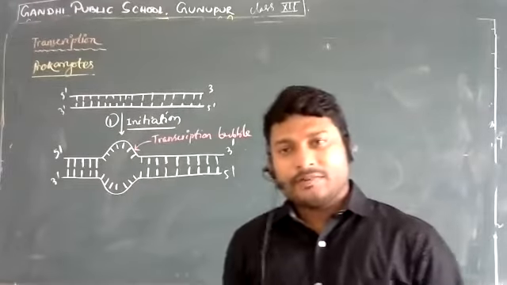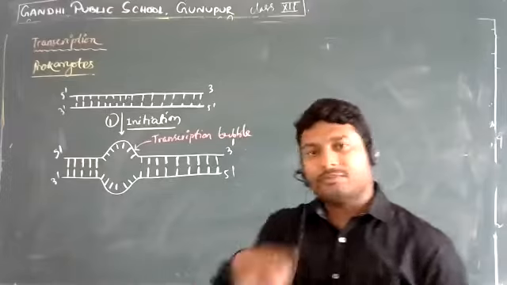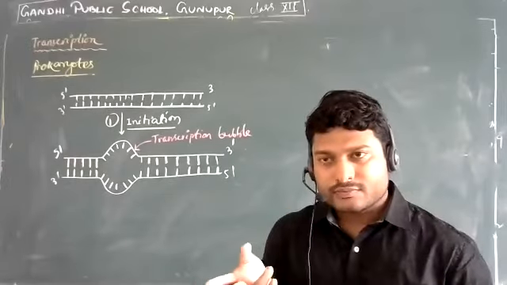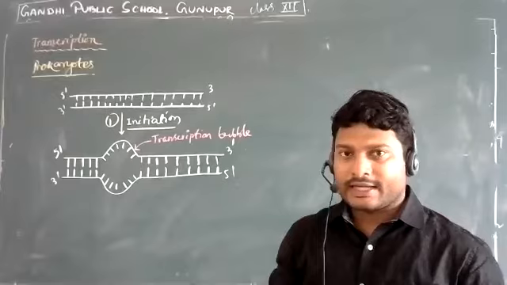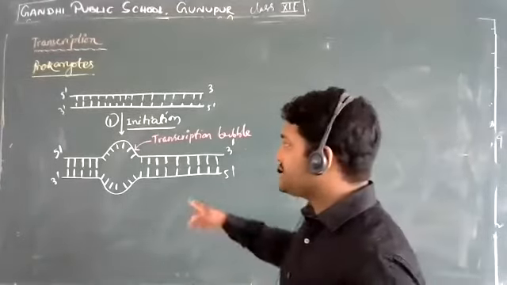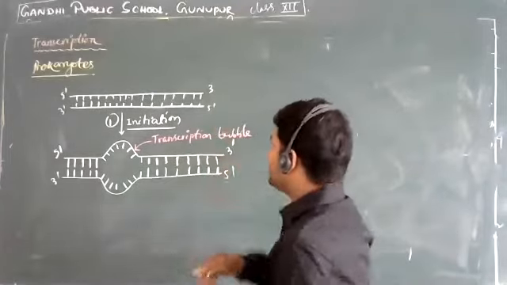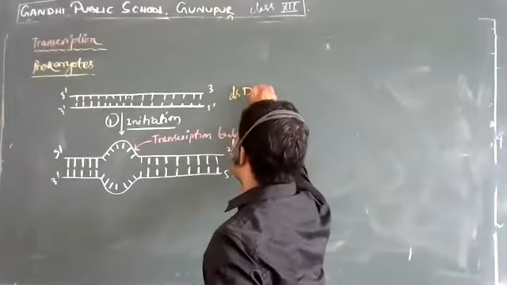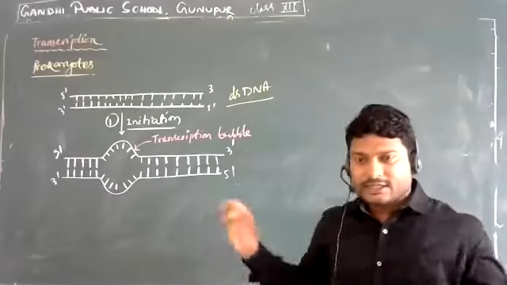Now what is the use of the transcription bubble? The RNA polymerase is there, and the RNA polymerase needs to access how many strands, 1 or 2? One, sir. Yes. DNA dependent RNA polymerase needs to access only one of the strands, and typically these are all double stranded dsDNA. With double stranded DNA, the RNA polymerase cannot simply come and bind and start the process.